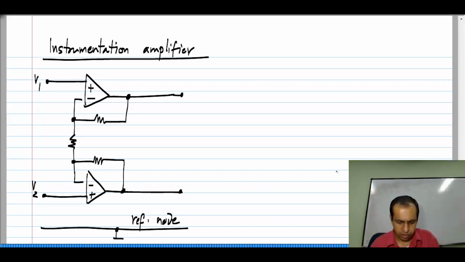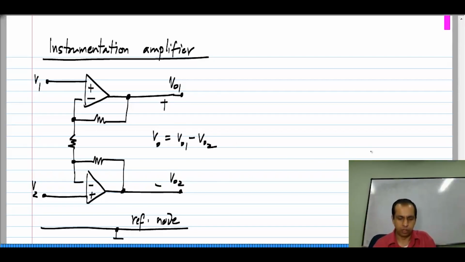And I have these two node voltages as the outputs VO1 and VO2. In particular, the difference between these is considered to be the output VO, which is VO1 minus VO2. And the resistance values are chosen symmetrically. So, let us say this is R2, this is R2 and this one is R1.